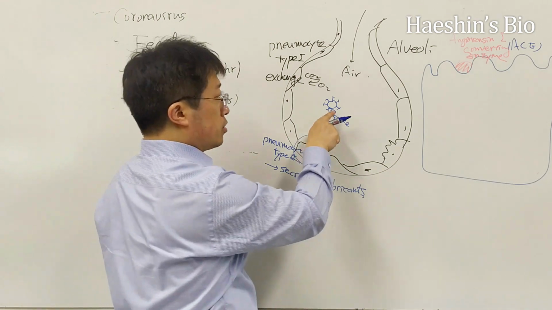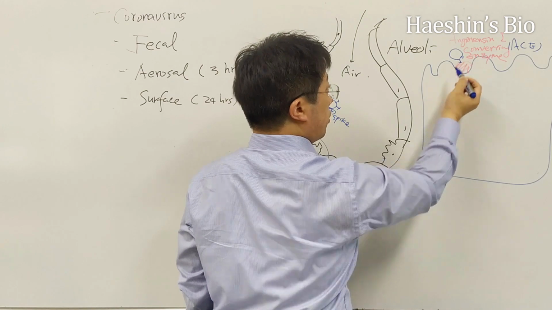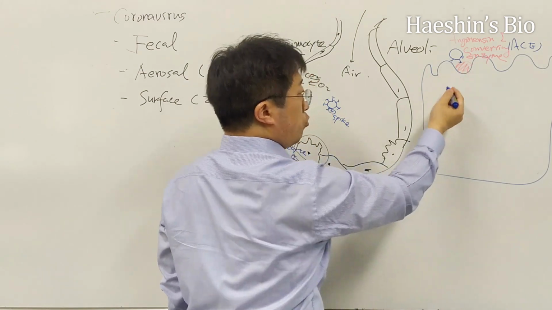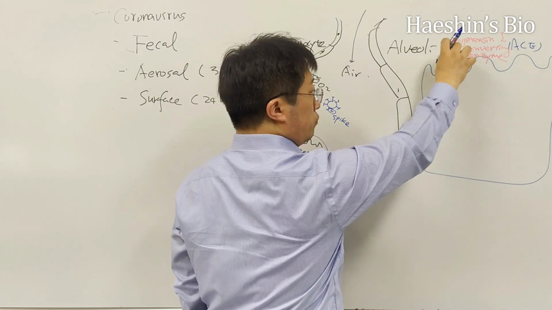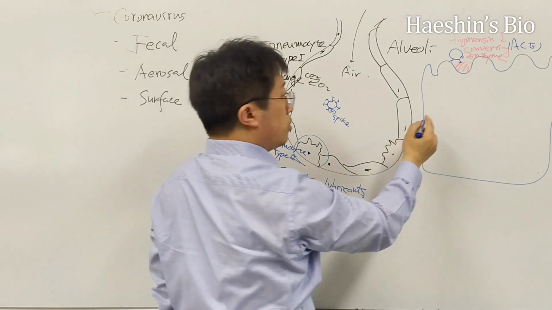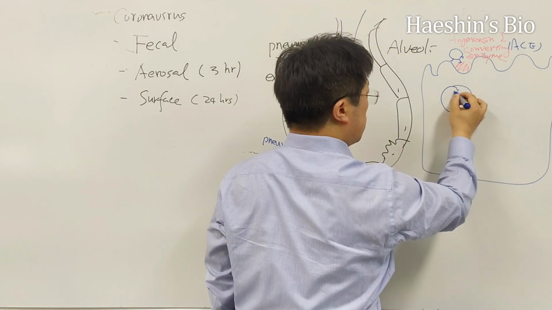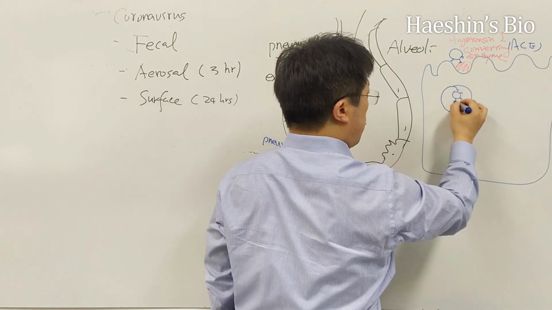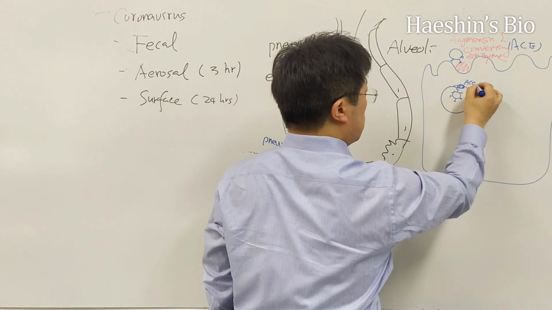The spike protein recognizes and binds here. And when they bind, the cell engulfs it, making these structures inside the cell, so that the coronavirus is located inside the cell with the help of the ACE protein.